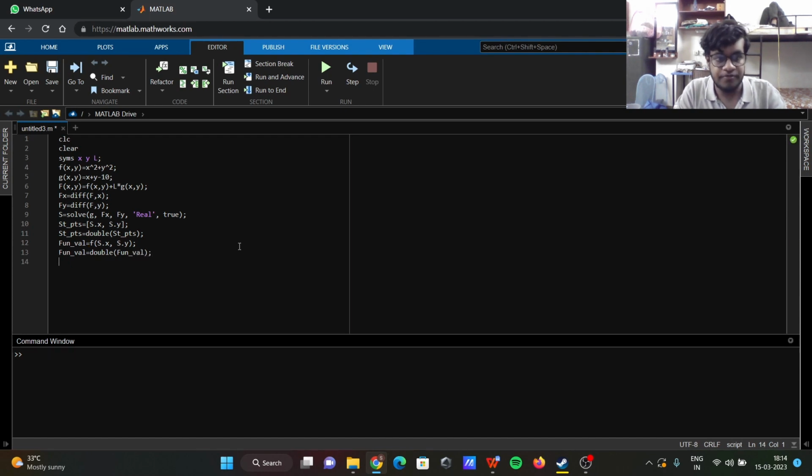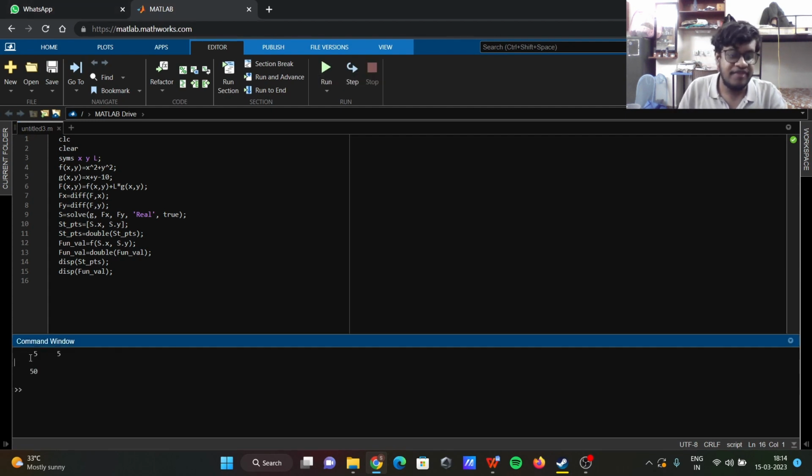Now this will print the stationary points and this function value. Okay, let's see if this works. Yeah, so this 5 is the value of x and y, and this 50 is the value of the function.